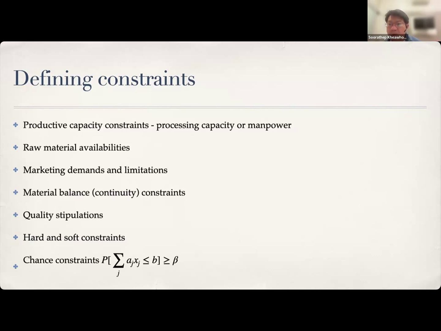That means you cannot operate using more than that availability, right? And it imposes a constraint on your problem. And are these raw material availabilities equality or inequality constraints? What do you think? ชิดชนกครับ Do you think it's an equality constraint or inequality constraint?